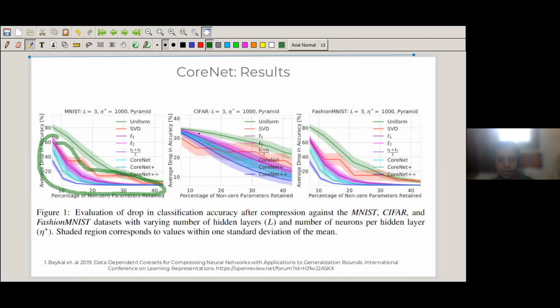So you'll find CoreNet is always at the bottom, especially the dark blue one, CoreNet++. They have variants, and the shades you typically see here are basically the values within one standard deviation of the mean.